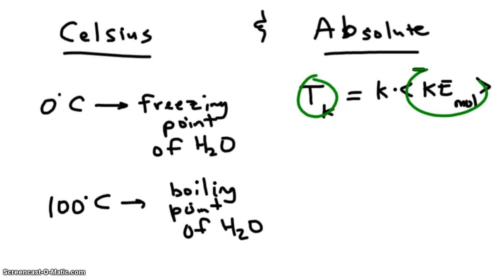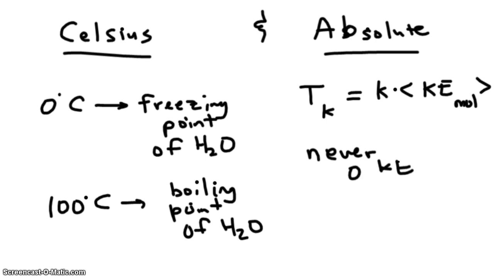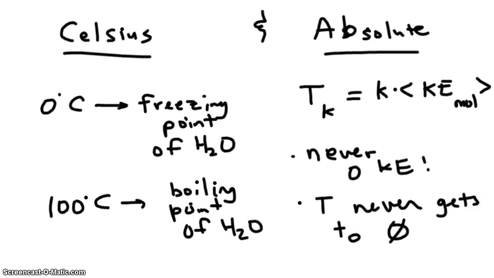So temperature and average molecular Ke are equated only by a constant. And that's how absolute temperature was designed. So under this temperature scale, a molecule will never reach 0 K because molecules never have 0 kinetic energy. So temperature never gets to 0 K. 0 K is called absolute zero.